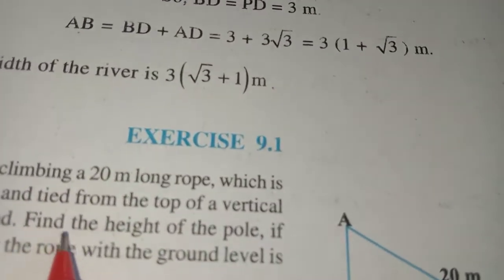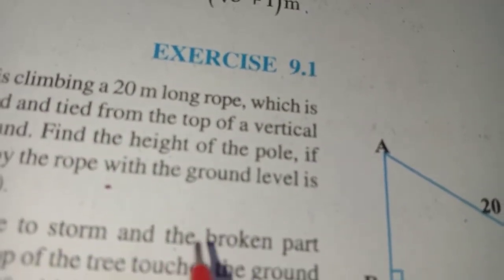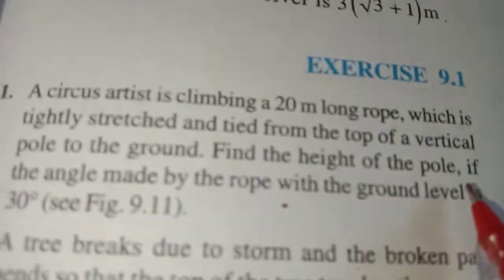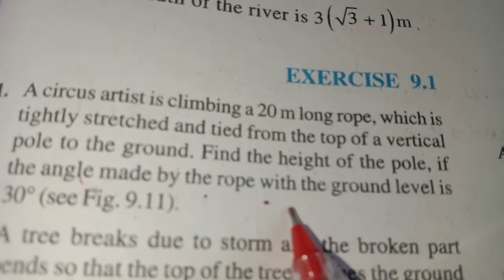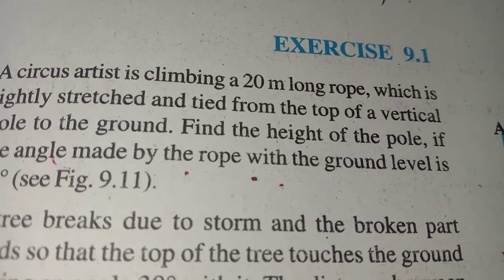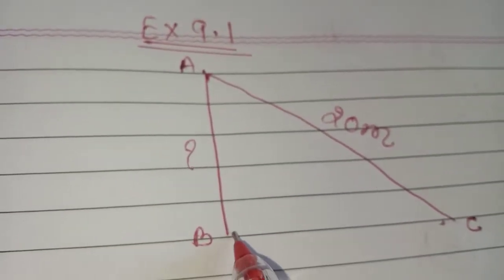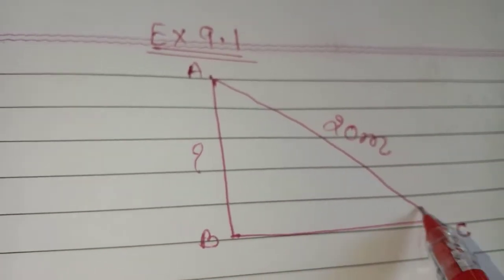So find the height of the pole, if the angle made by the rope with the ground level is 30 degree. Clear? Height of the pole means we have to find the height of AB.